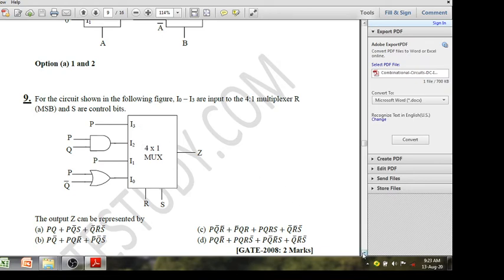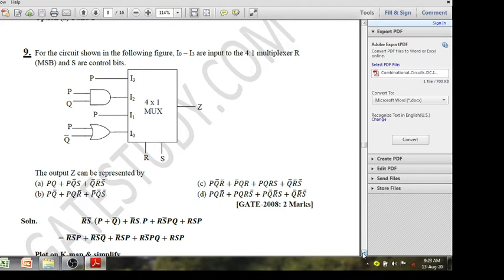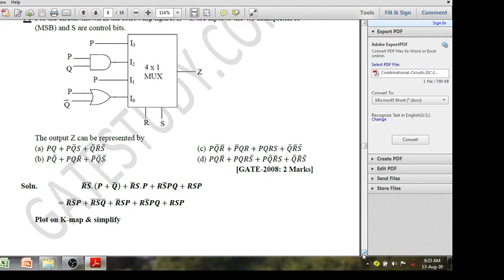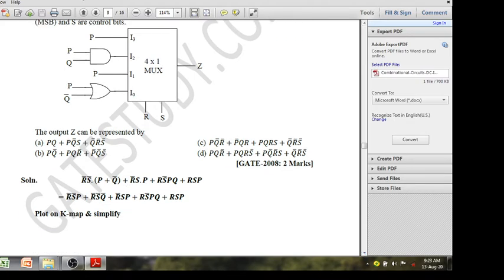Then put the values of I0, I1, I2 and I3: R bar, this is the value P plus Q bar, this is I0, then P, then PQ, then P.